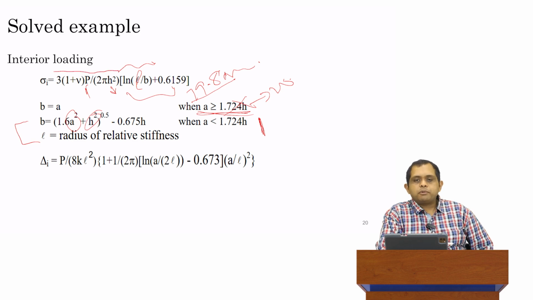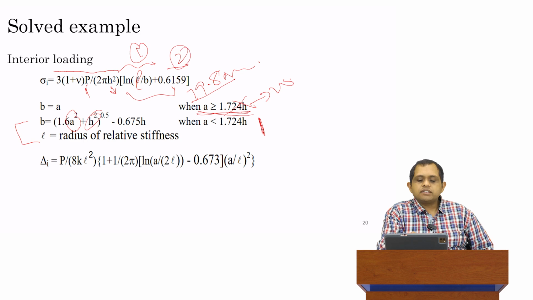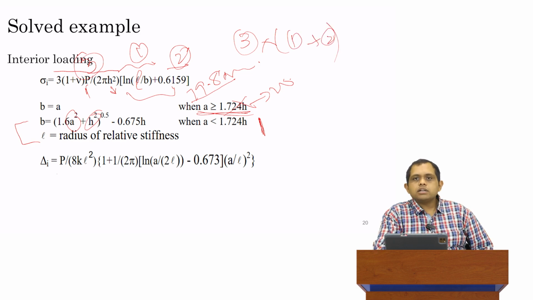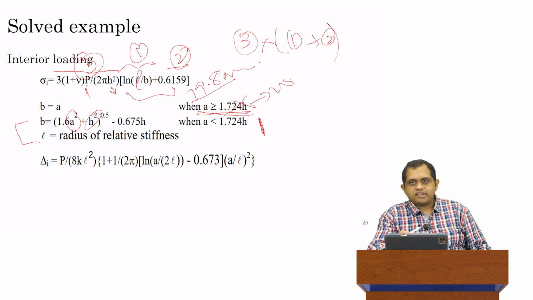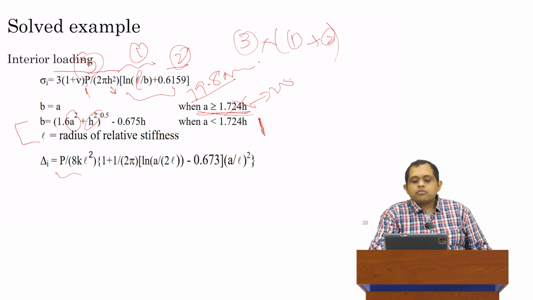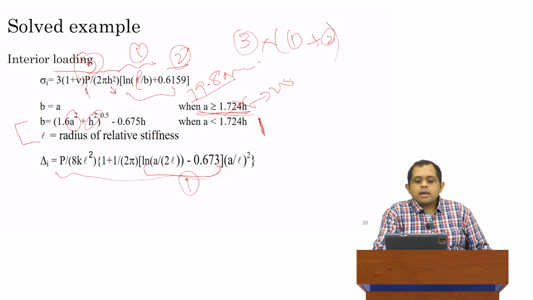Calculate this term separately. Once you've calculated this, then systematically calculate 3 into 1 plus 2. Don't put the entire expression into your calculator or your spreadsheet. You're going to make a mistake. And similarly, for delta I, calculate these individual values systematically. So calculate this, which I can call 1 first, multiply it by 1 over 2 pi first.